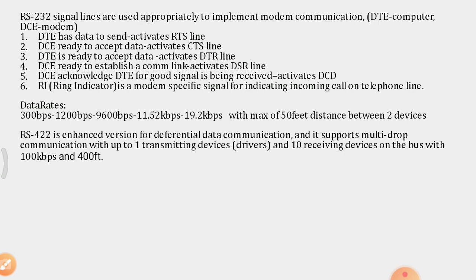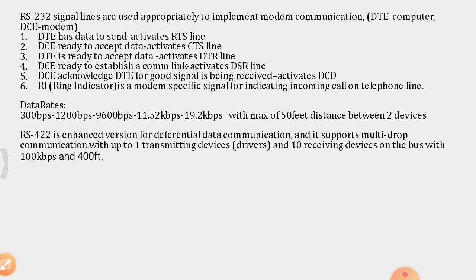Then, in the fifth point, the DCE acknowledges the DTE that a good signal is being received through the DCD line, Data Carrier Detection. If a good signal is received, the DCE acknowledges the DTE by activating the DCD line.